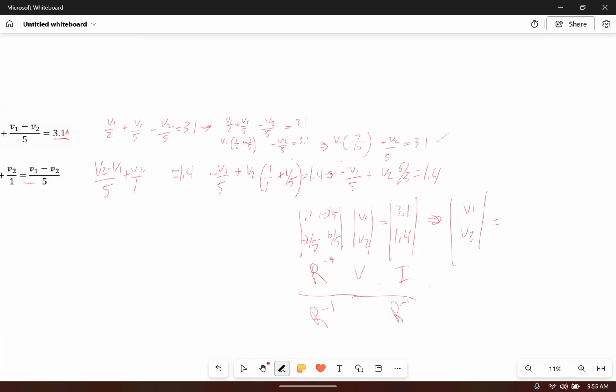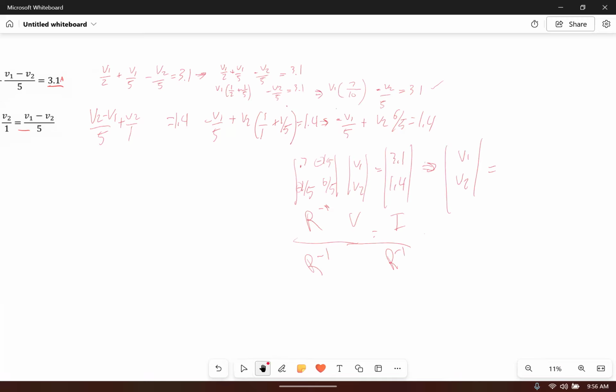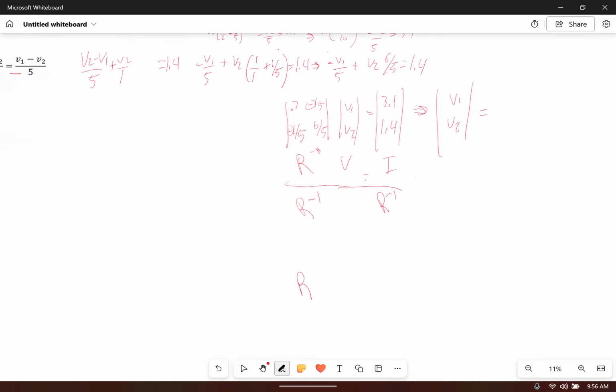We would have to divide both sides by R to the minus 1. You can't divide matrices, but you can multiply by the inverse, can't you? So what I'm going to do is rewrite R raised to minus 1. And I want to get rid of my R inverse by multiplying by the inverse of R inverse, right?